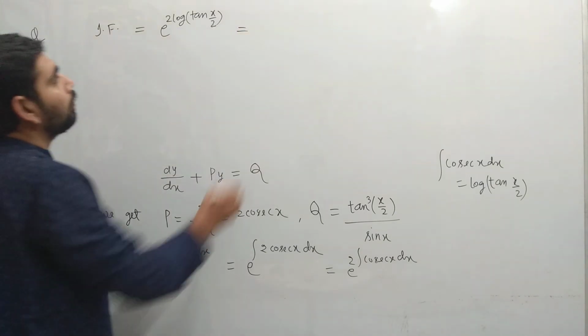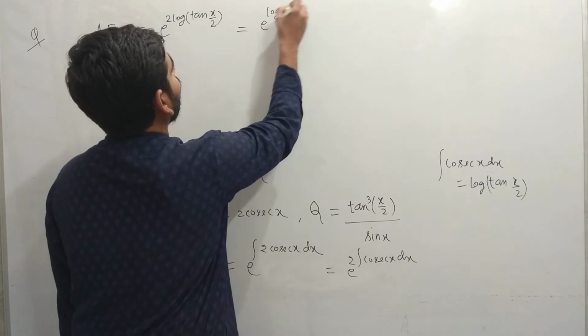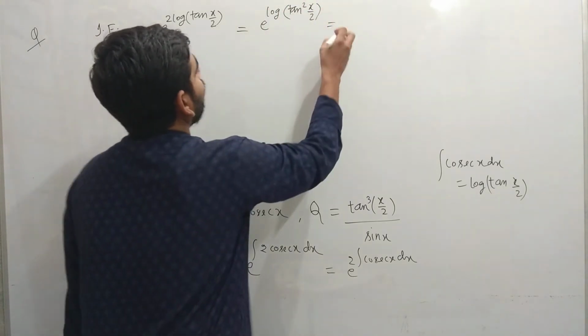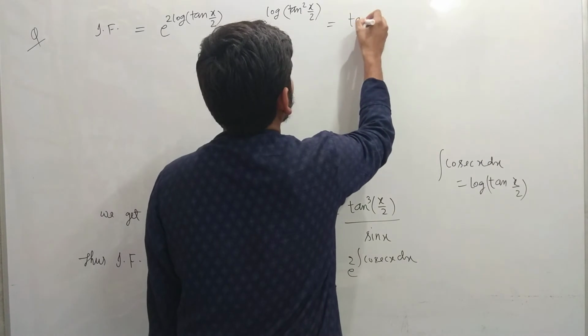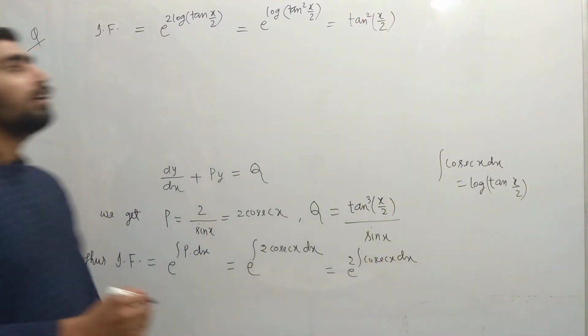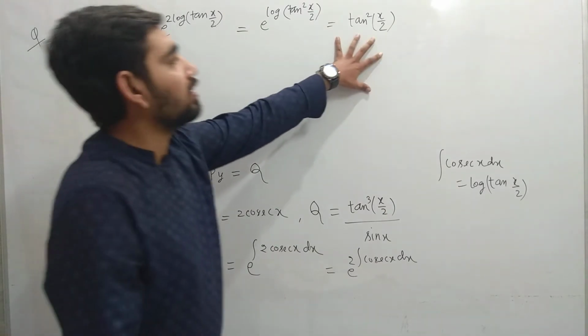Using the property of logarithm, we get e to the power log tan square x upon 2. Exponential and logarithm cancel each other, so it becomes tan square x upon 2. So the integrating factor over here is tan square x upon 2.